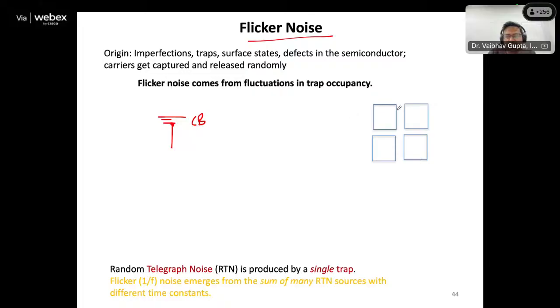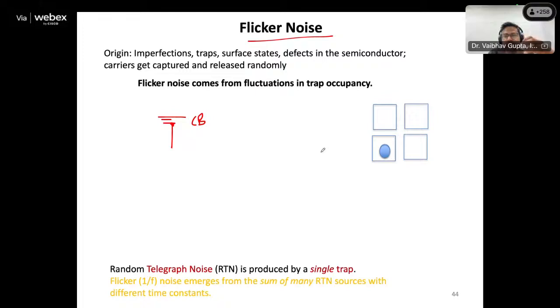Suppose these are the trap states and suddenly these two are filled. After, let's say, 1 second, this trap state gets empty and then this one and these two are filled. After some time this one gets filled, and after some time only this is filled, so there is continuous fluctuation happening.